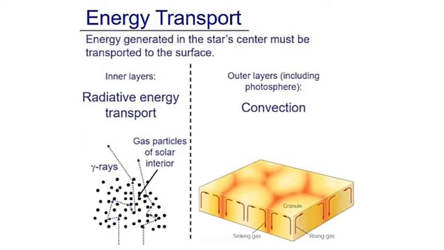Then you have your outer layers, where most of your stars use convection, and your inner layers. The outer layers would be the convection zone, which is where the stirring and mixing of gases happens: the hot gas rises and the cool gas sinks.